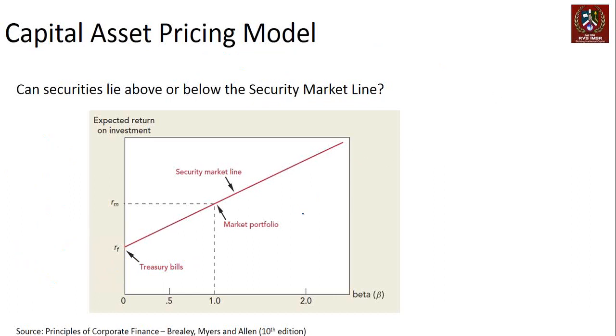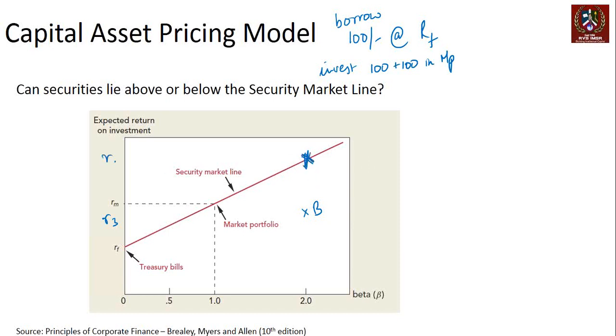Let's take another one. Now let's assume we are talking about this security here, which is B. You can get a return R3 by investing in B, but if you want a beta of 2, you can borrow $100 at the risk-free rate, and if you have 100 already, invest 100 plus 100 in the market portfolio, and effectively you can borrow and create a portfolio which will lie somewhere here.